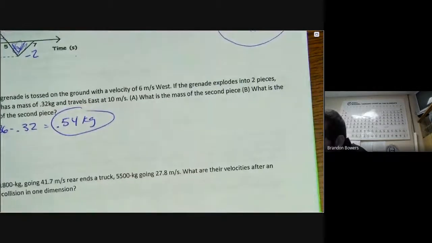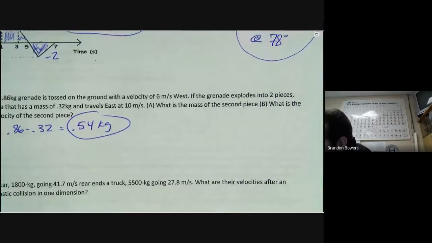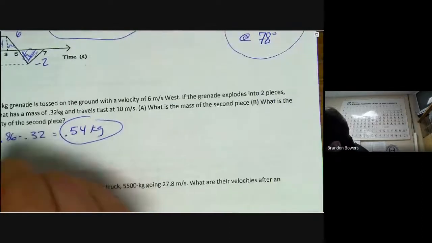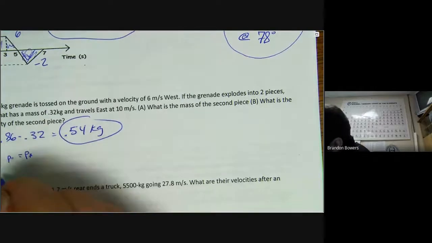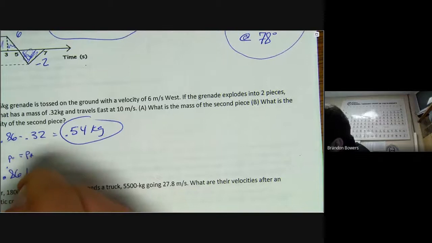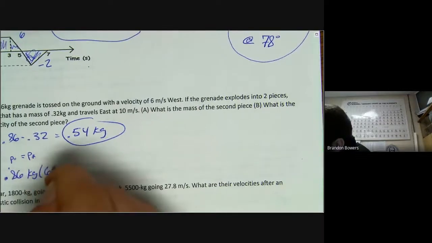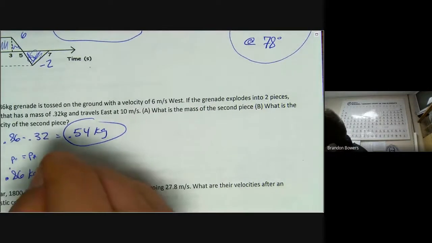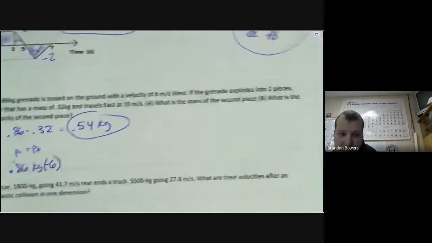Remember, my initial momentum is equal to my final momentum. Initially, it's all one piece, right? So the entire grenade, 0.86 kilograms, is thrown 6 west. That's going to be -6.